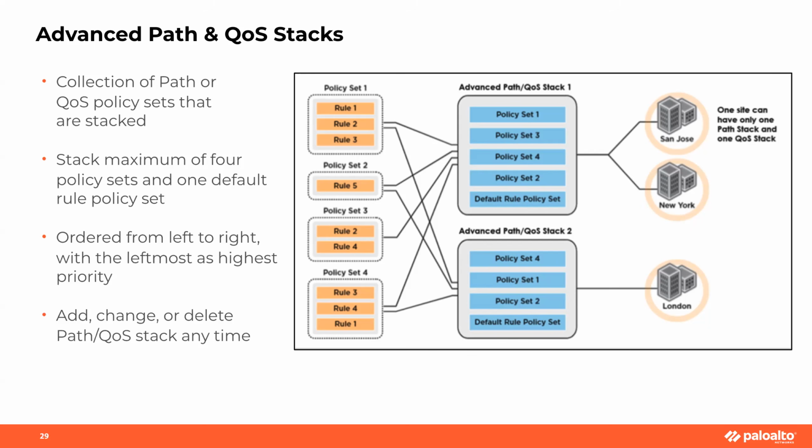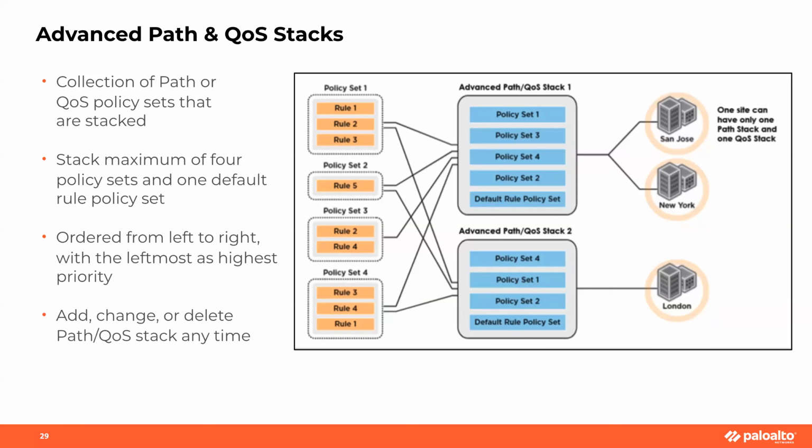So you may have, let's say, a regional policy that you have for some sites, and you want an EMEA policy applied for the EMEA sites, an APAC policy applied for the APAC sites, but then you may have some global policy rules as well that you want to apply to all sites. So having this advanced stack allows you to have the flexibility of applying, let's say, regional or geo-based policies, but also global-based policies as well.